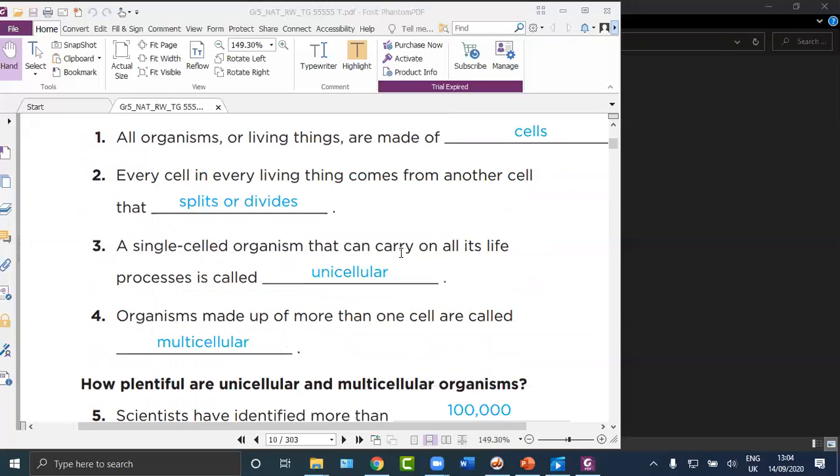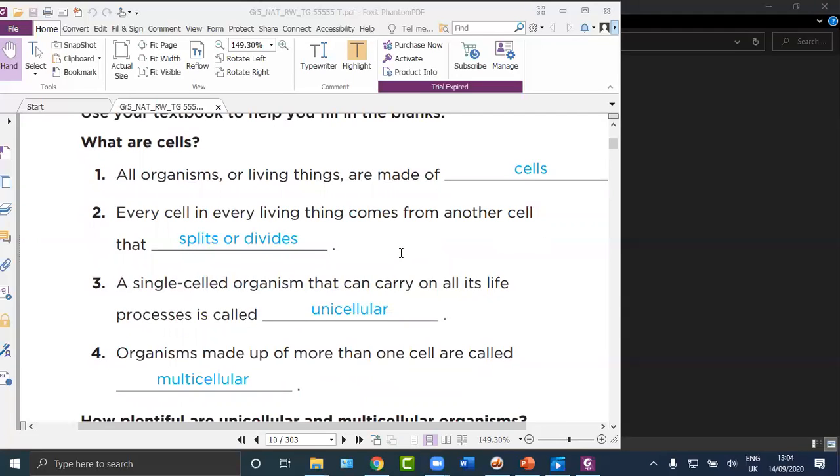Number 5. Yusuf Ghassan. One scientist estimates that there are more than 1 billion kinds of multicellular organisms.